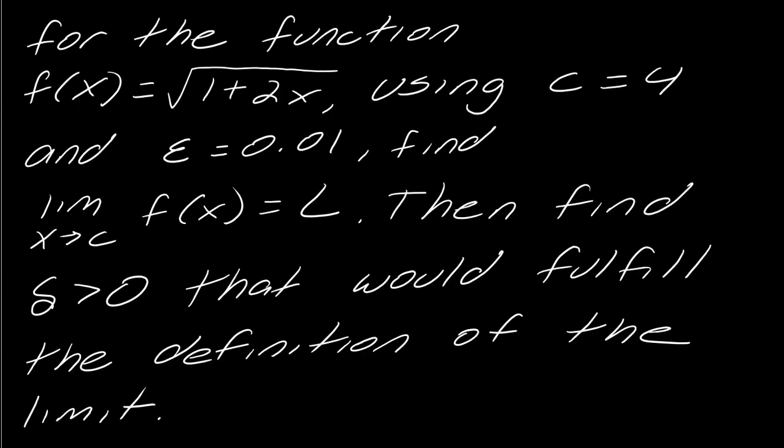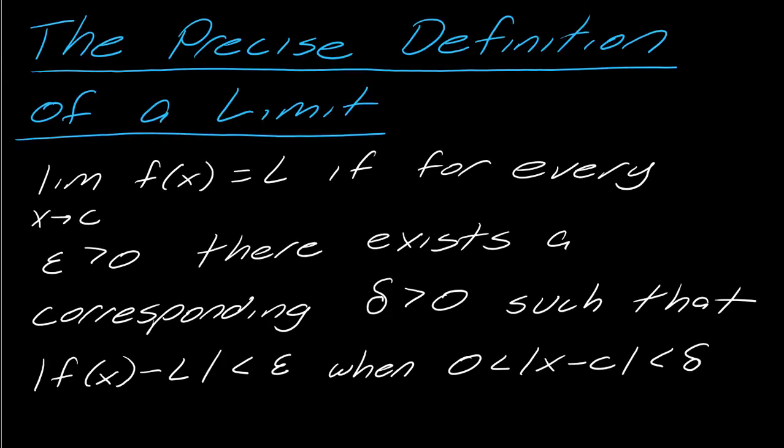So for the last two problems, this is problem number 5. It says to take a look at the definition of the limit. So I have the precise definition of the limit here. This is definitely a tough type of problem. Some classes make you memorize this, so if your class is going to make you memorize it, just be cognizant of that.